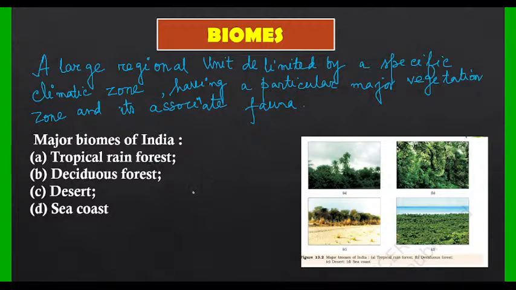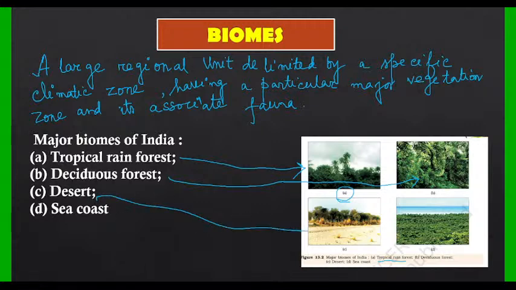So the major biomes in India, see in the diagram: the tropical rainforest, deciduous forest, here you see the desert zone and that is the sea coast.